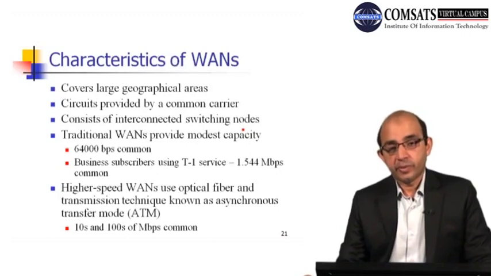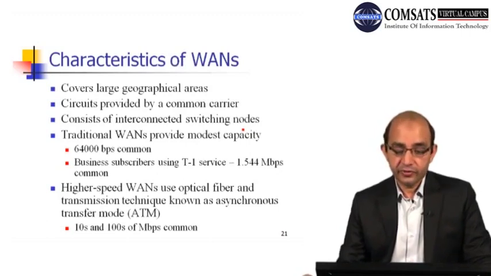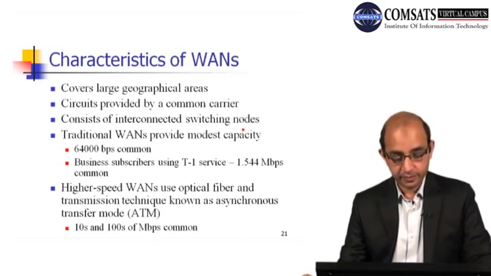So let's talk about some of the characteristics of WAN, wide area network. They can support a large area, and the circuits that are being used are provided by the common carrier, and we need interconnected switches in order to build WANs.